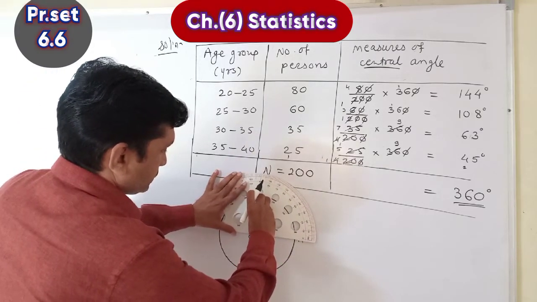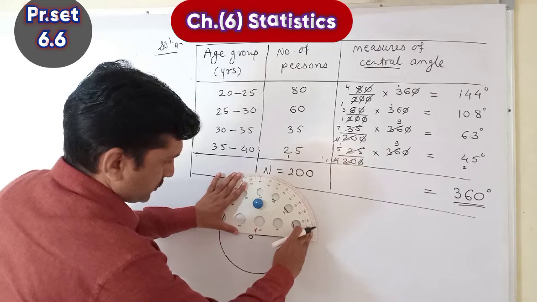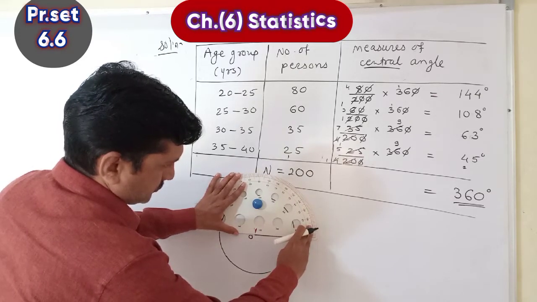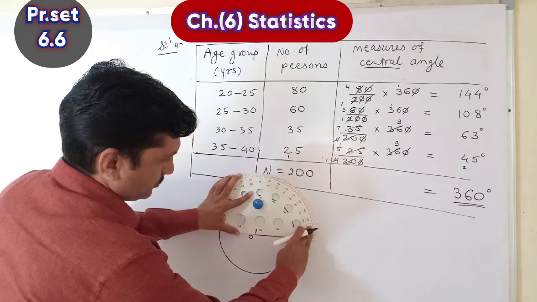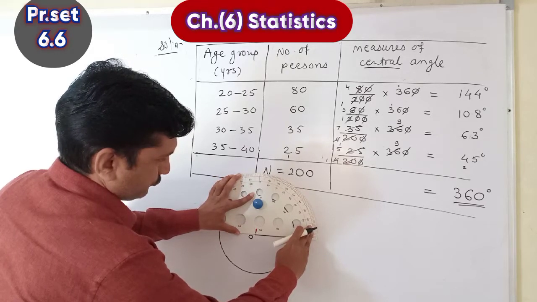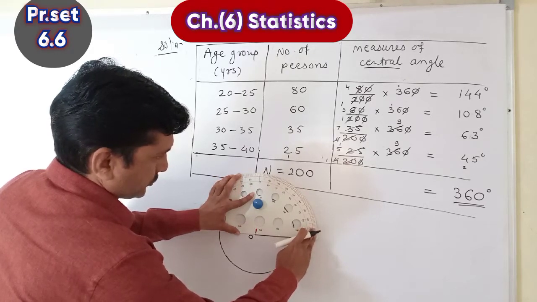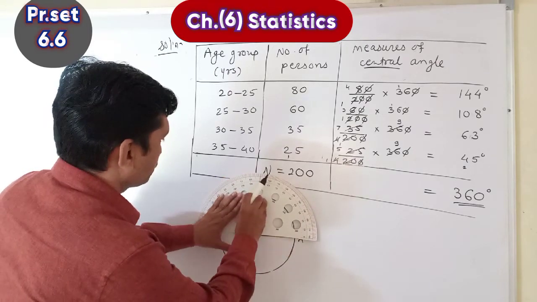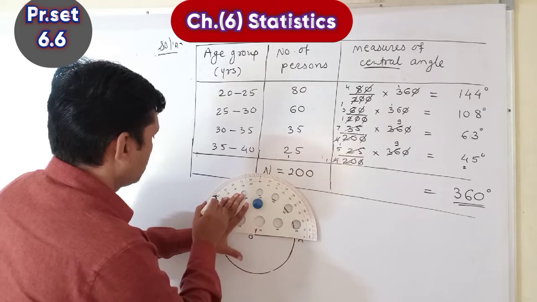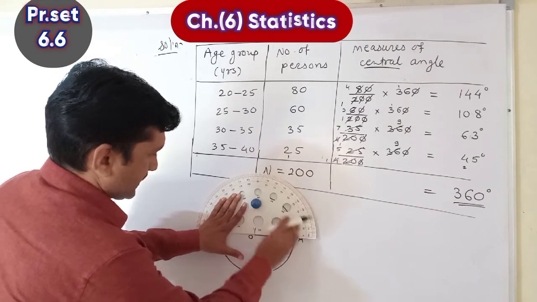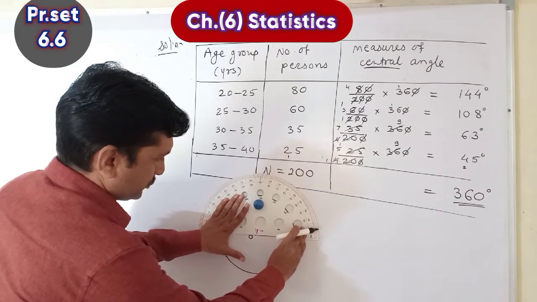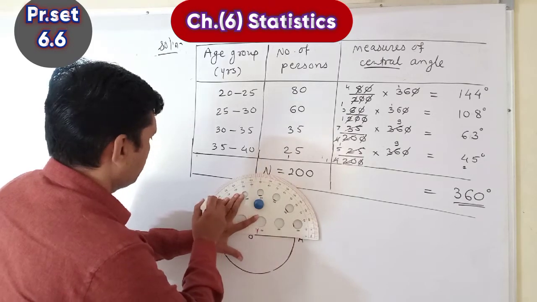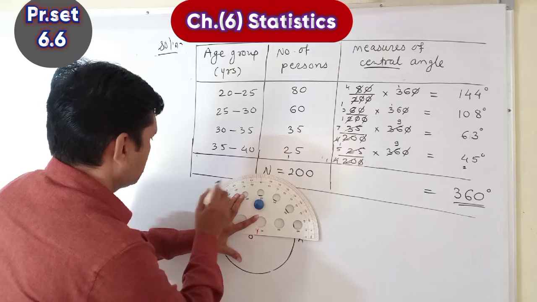Now here you know how to draw now. 144, okay, 144 from this side, 0 scale. 144 is obtuse. 140 here, draw it very carefully. 144 is here.